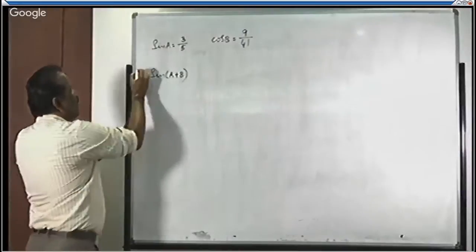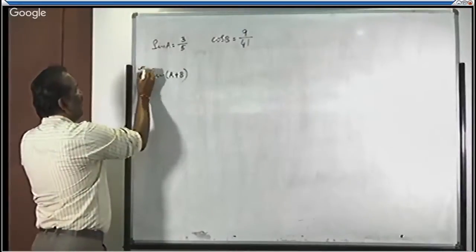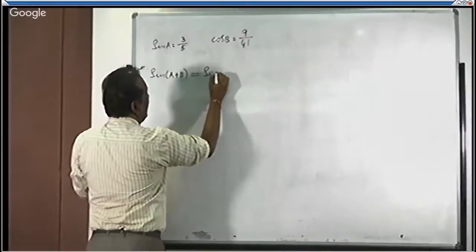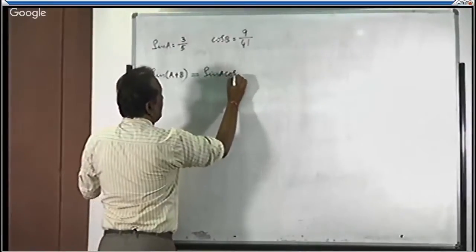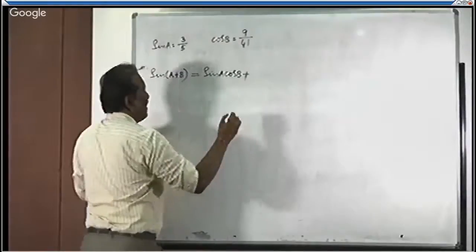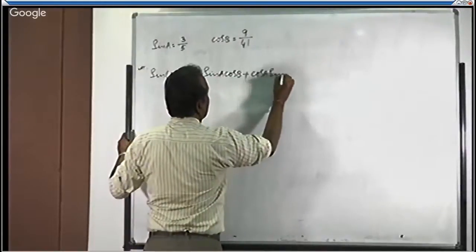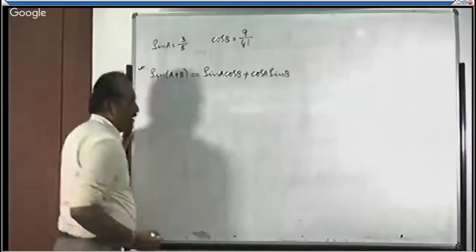Now we know that sin of A plus B can be given as sin A cos B plus cos A sin B. Right?